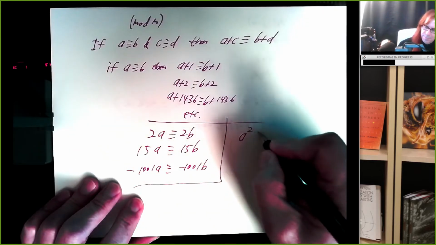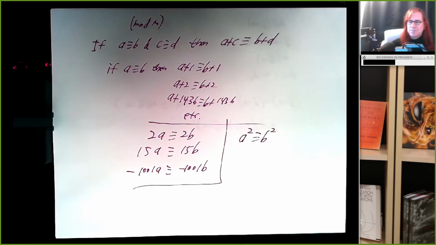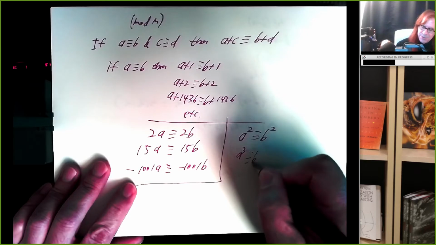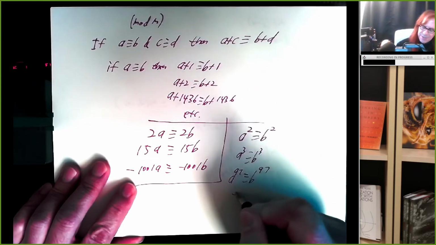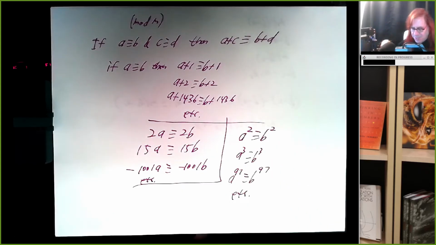I'll also get a squared is congruent to b squared. I can take the square of both sides and preserve congruence. And if I can do that, I can do a cubed is congruent to b cubed, a to the 97th is congruent to b to the 97th, and so on. So this congruence operator works kind of intuitively.